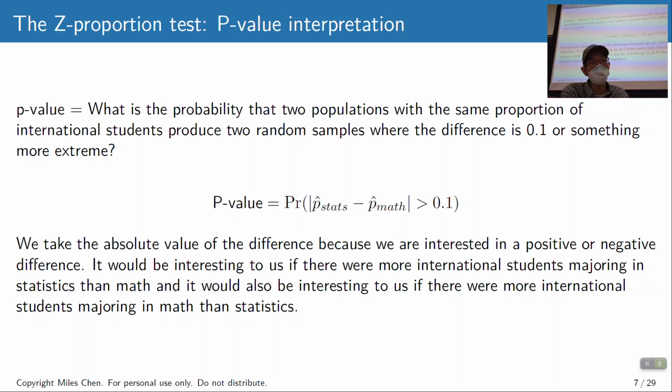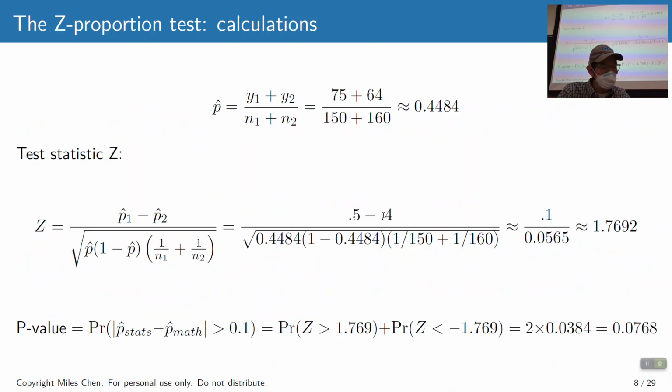So here we're going to look at the absolute value. We want to know the probability that the absolute value is greater than 0.1. We do some calculations, we plug all of these things in, and we get a z-score of 1.77. You look that up, and your p-value ends up being 0.0768.